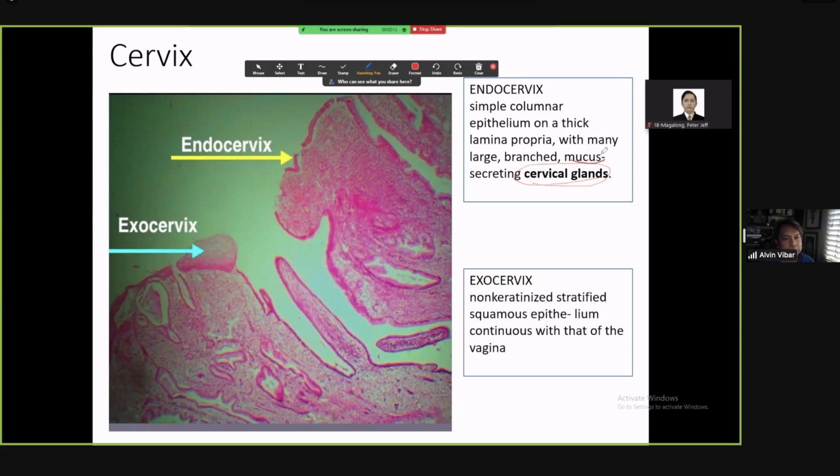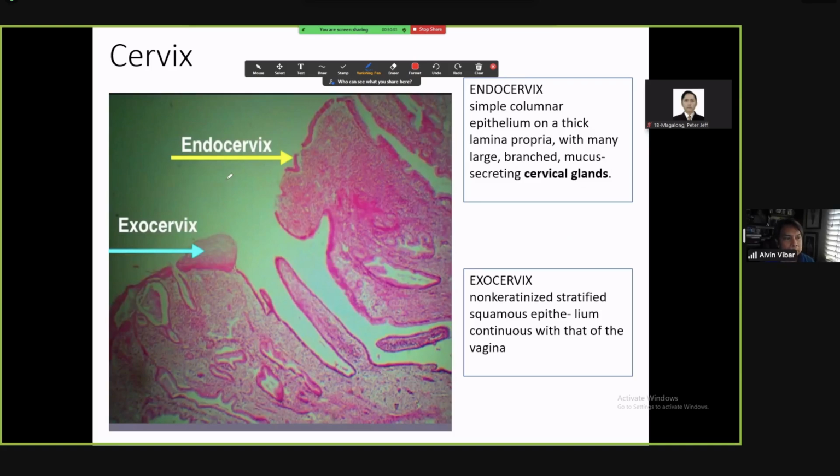It's a mucus secreting gland. On the other hand, the exocervix is lined by stratified non-keratinized epithelium, which is continuous with the lining epithelium of the vagina.